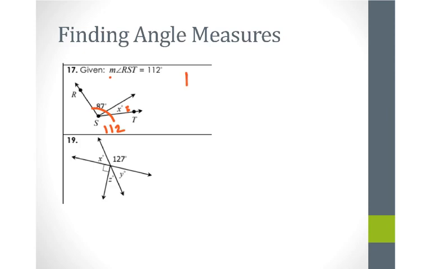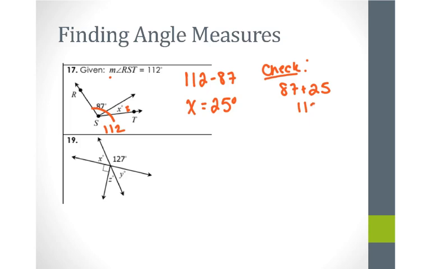Well, if you're saying just subtract the two, you are most certainly correct. So if I subtract them, that means X has to equal 25 degrees. And even to check my work, I could simply take 87 plus 25, and that does give me 112. So that means X has to equal 25 degrees.